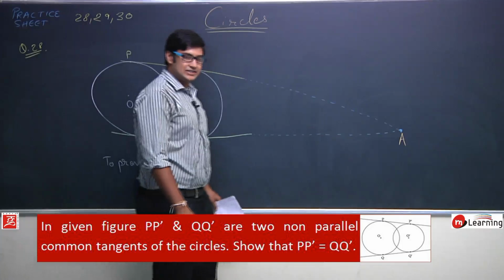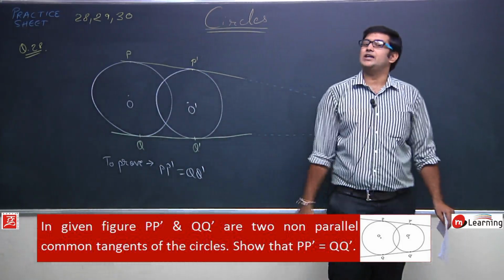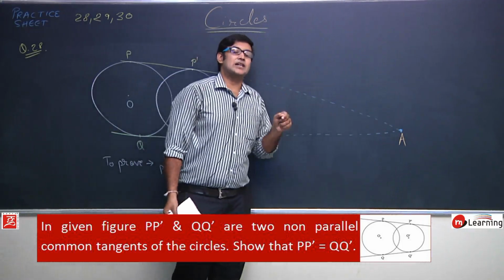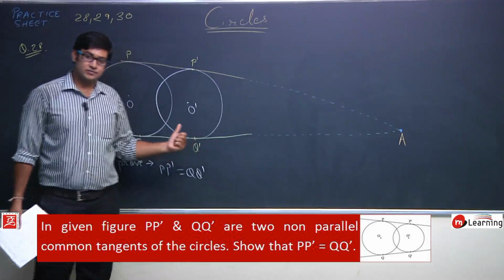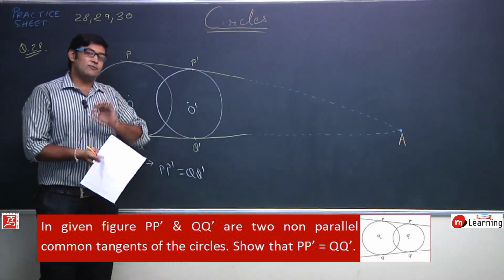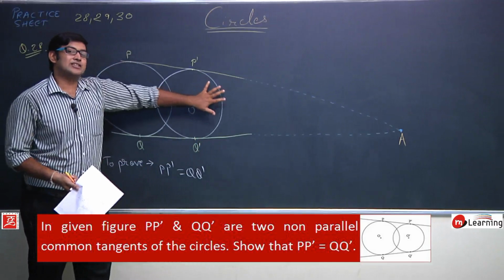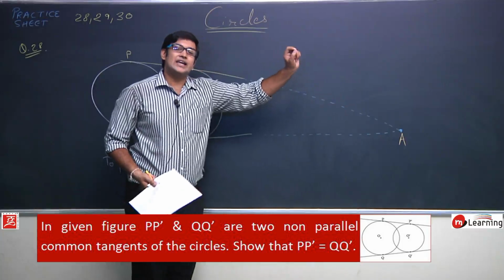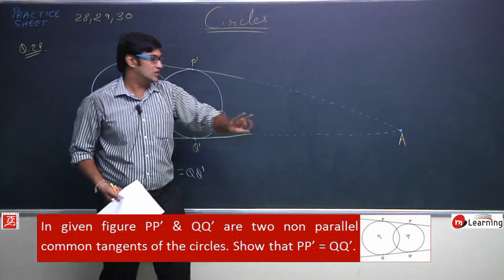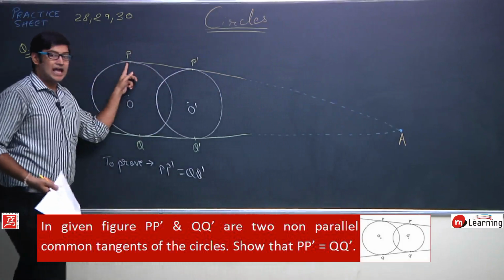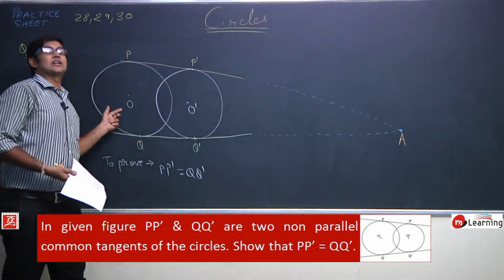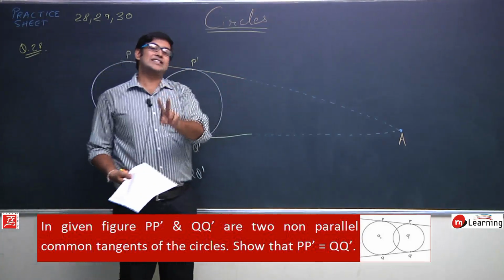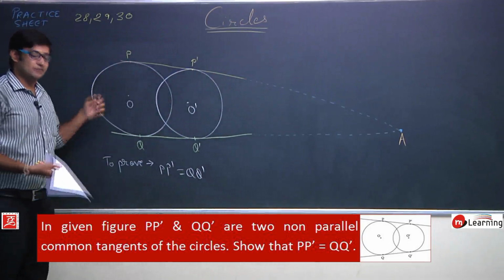So how will we prove that PP dash and QQ dash are equal? We can see that A is an external point for both the circles. If for a minute I forget about the circle with center O dash, I can see that from point A I have drawn two tangents AP and AQ to this particular circle.